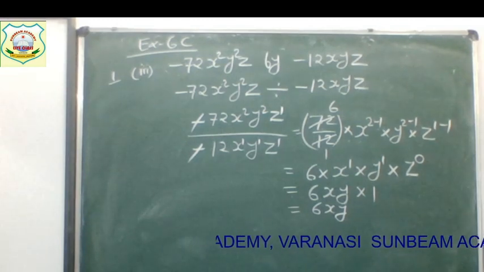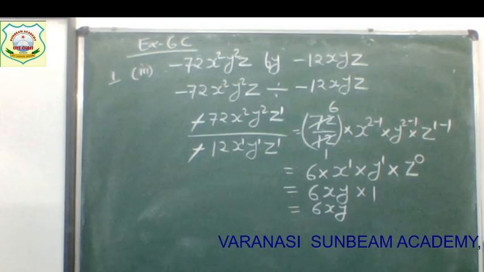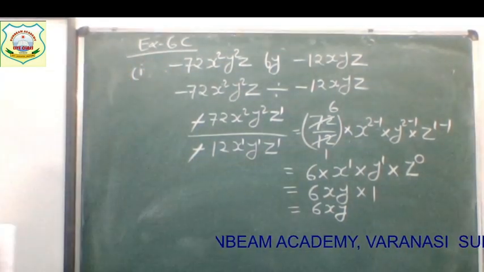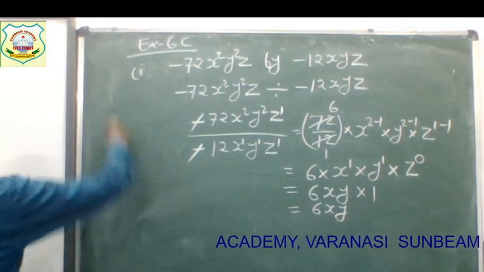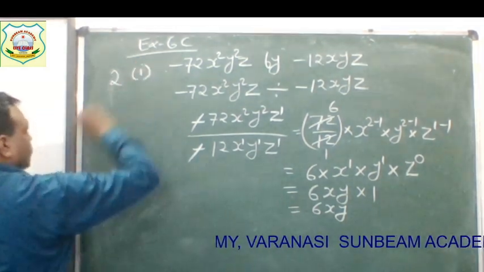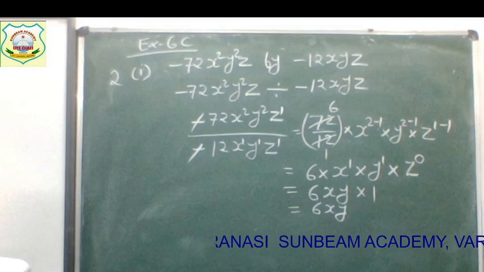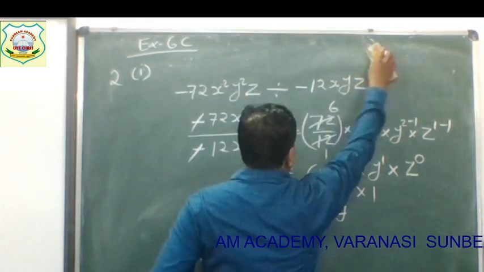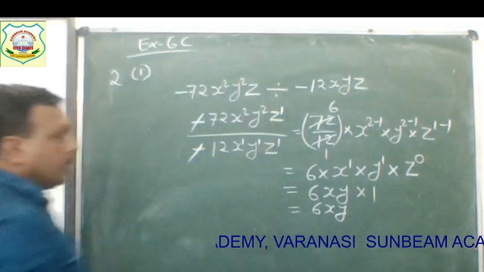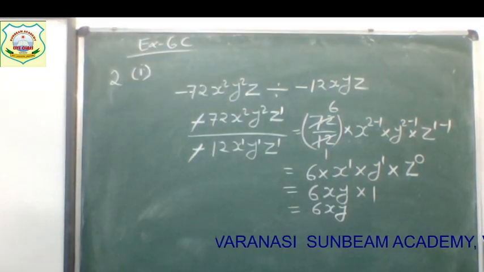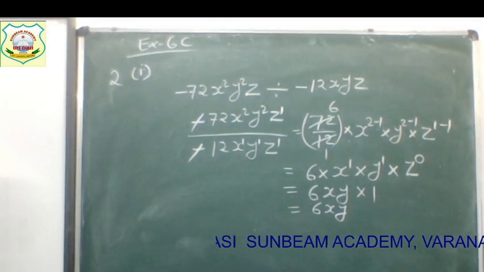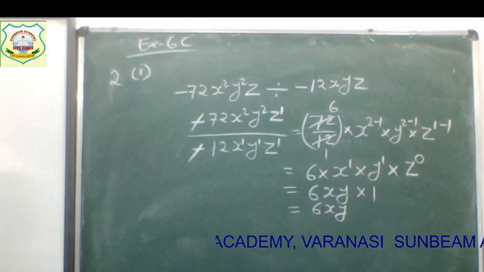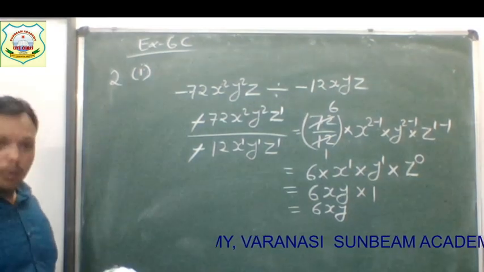Now its second question. Whatever you have done so far was monomial by monomial. But now, what you have to do? Polynomial by monomial.